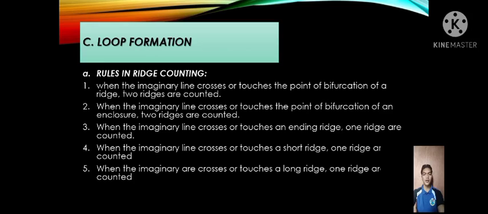Fourth is when the imaginary line crosses or touches a short ridge, one ridge is counted. Fifth is when the imaginary line crosses or touches a long ridge, one ridge is counted.